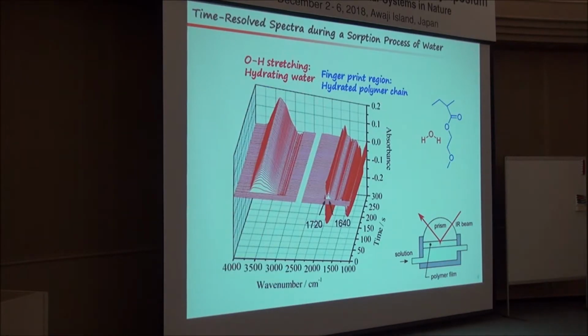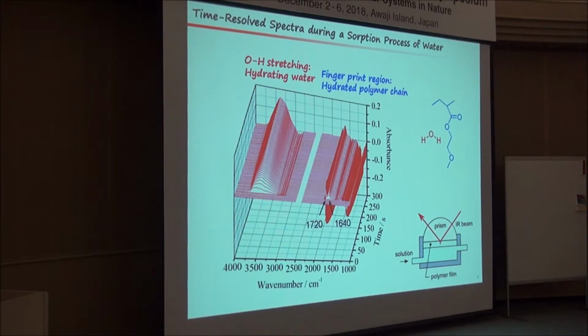And then we obtain time-dependent spectra during the sorption process of water into the polymer matrix. At 0 seconds, we obtain the reference spectrum with an enough dry sample, and then liquid water was injected into the cell. Gradually increasing OH stretching and OH bending modes can be seen.